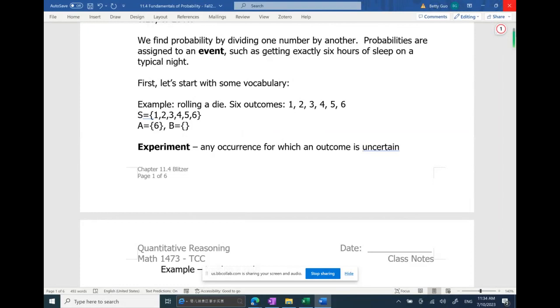Any collection or any subset of the sample space can be seen as an event. So event B, we roll a die, we get an even number, could be described as a subset of sample space containing 2, 4, 6.